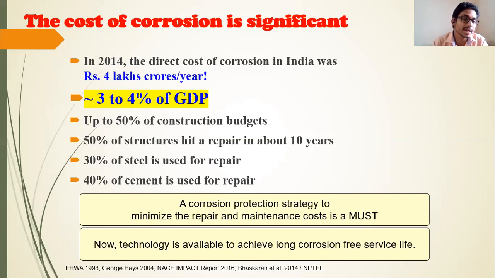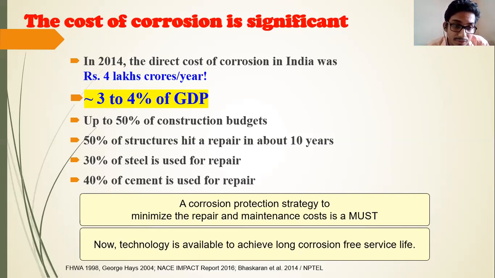So the last 2 points that you can see here: 30% of the steel is used for repair work. In the whole manufacturing of steel, it has been seen that 30% of the steel is used for repair work, and 40% of cement is used for repair work. So these two data, 30% and 40%, are quite alarming.